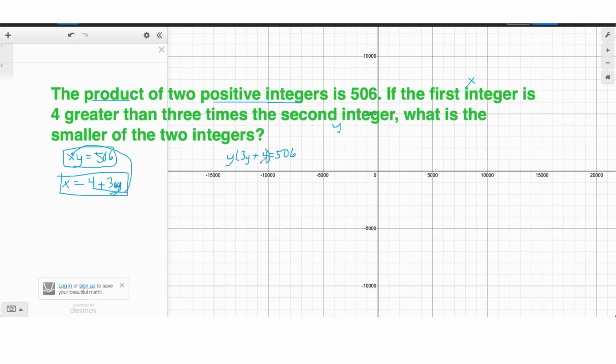Either one works. I just switched it around for ease of watching.